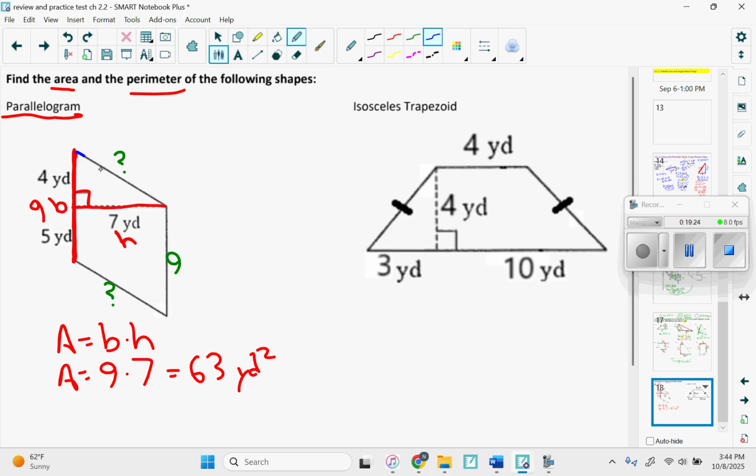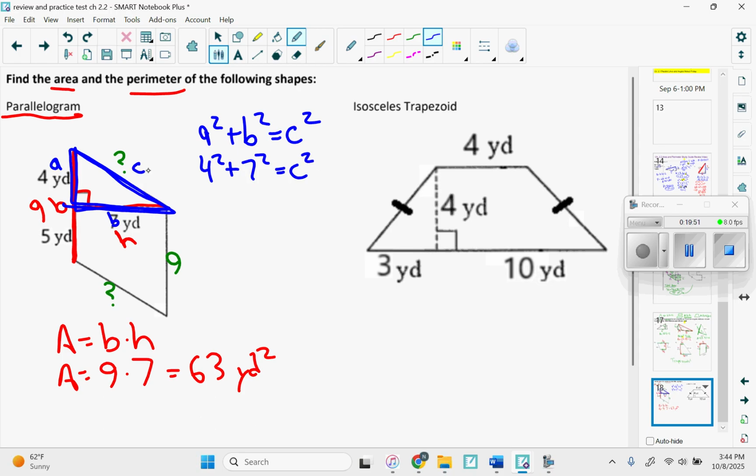Let me highlight again. We have a right triangle. If we see a right triangle, then we can use the Pythagorean theorem to find the third side of the triangle. So here are legs A and B. So 4 squared plus 7 squared equals our hypotenuse, C squared.